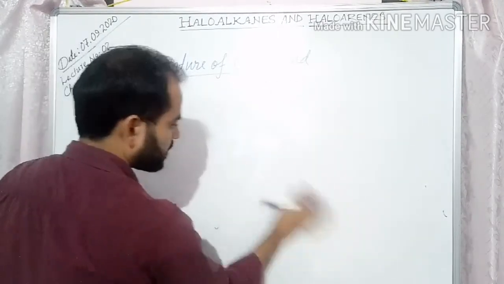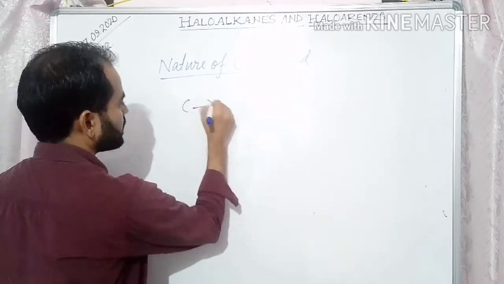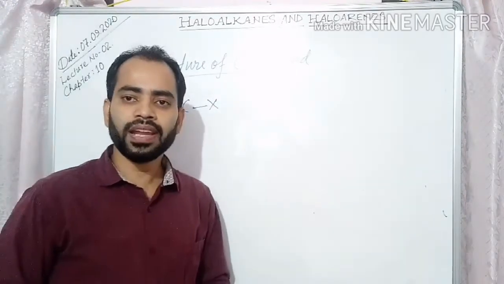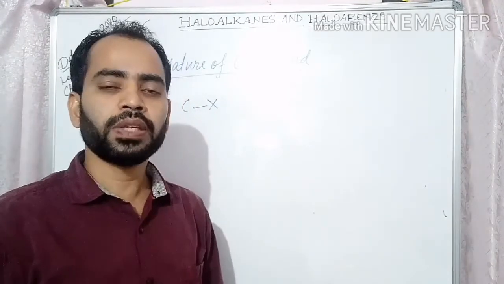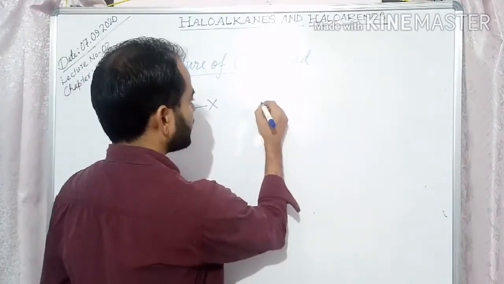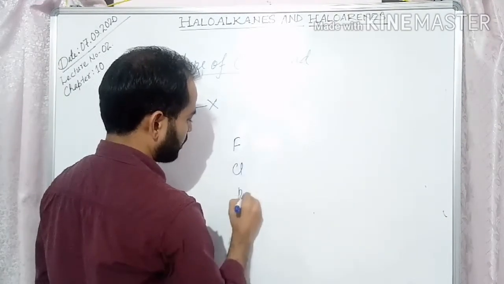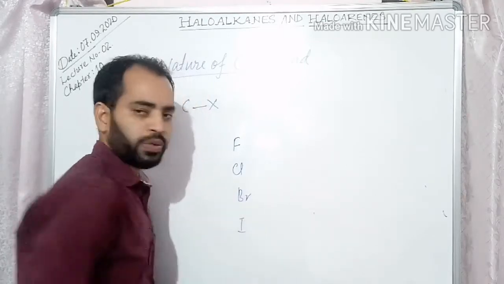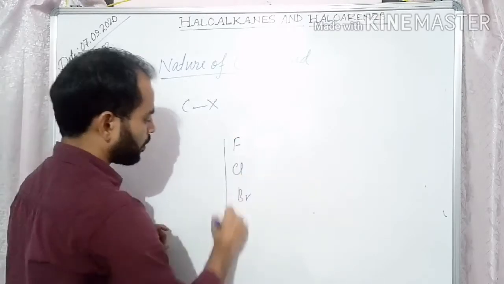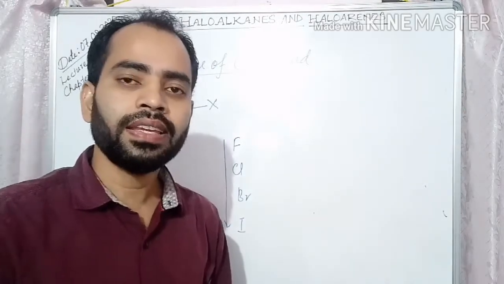That means the C-X bond in haloalkane is polar in nature. Now what happens? This is the bond length, the distance between the two nuclei of two different atoms. We know the halogen atoms are fluorine, chlorine, bromine and iodine mainly. As we move from fluorine to chlorine, bromine and iodine, the atomic radii increases.